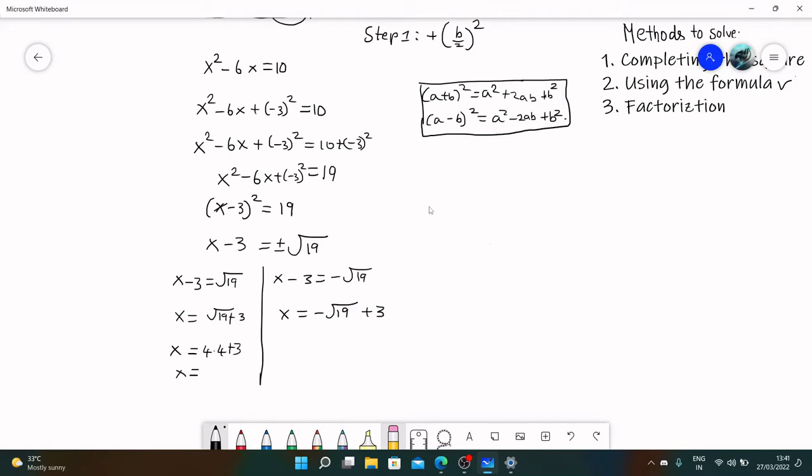So 4.4 plus 3 is 7.4. And on the other hand, we have minus 4.4 plus 3, that is minus 1.4. These are two approximate values of x we can get. These two x values, when put in the equation, will give you 10, or when put in the standard equation will give you 0.